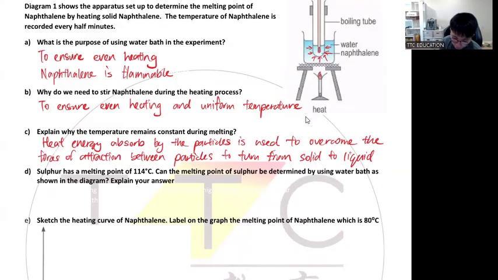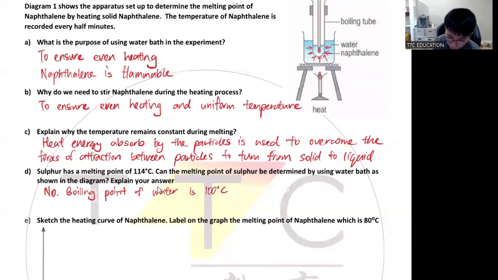So the answer is no, because they ask you can or not. Explain your answer: the boiling point of water is 100 degrees Celsius, which is below the melting point of sulfur.